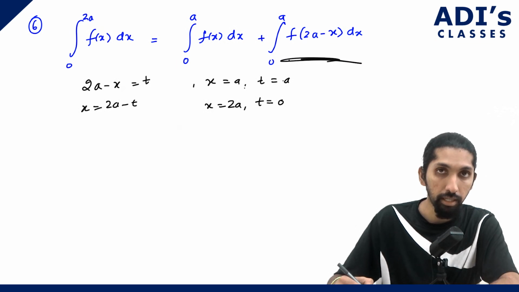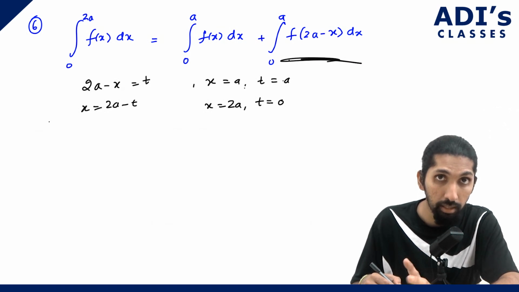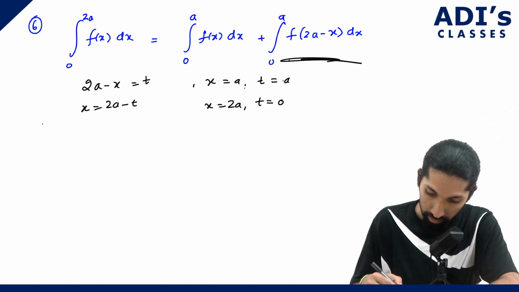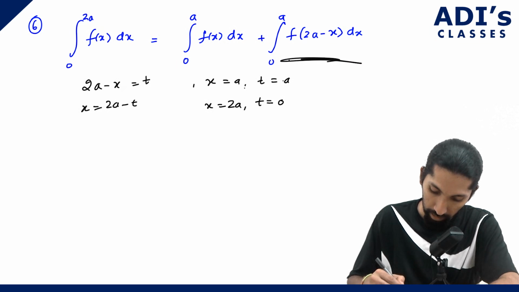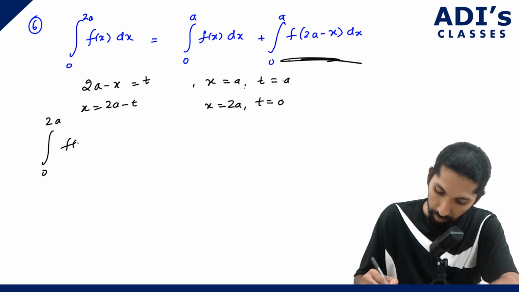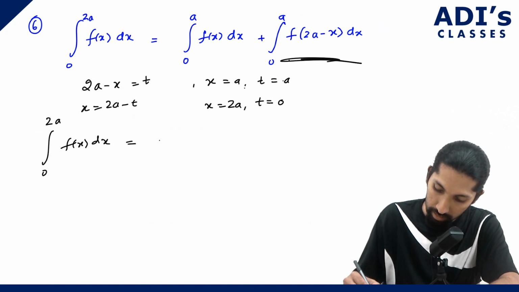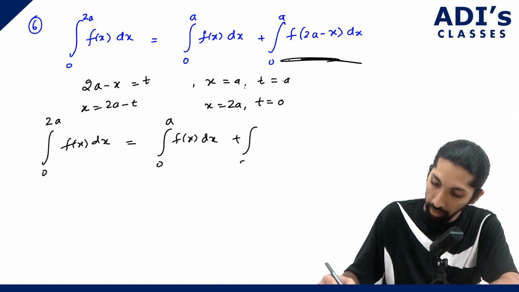To get this particular integral, see the LHS, we split the limit. The LHS, which is the integral from 0 to 2a of f of x dx, is the integral from 0 to a of f of x dx plus the integral from a to 2a of f of x dx.